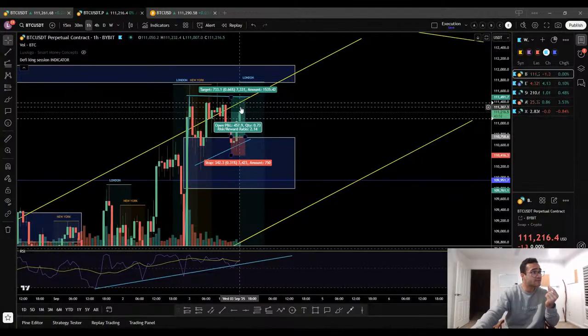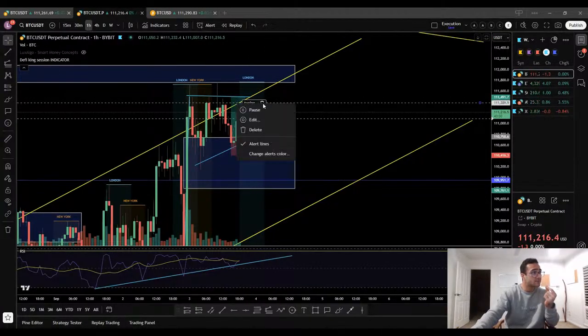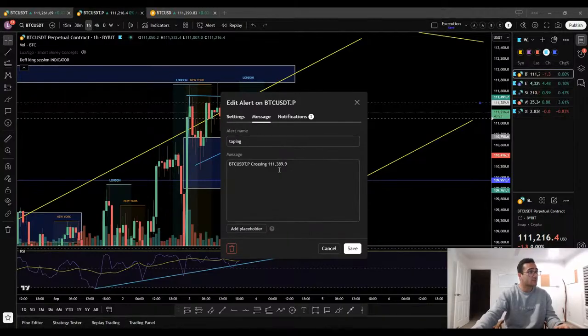So if price taps this, we can re-edit. That's just tapping take profit. Top of bull flag.